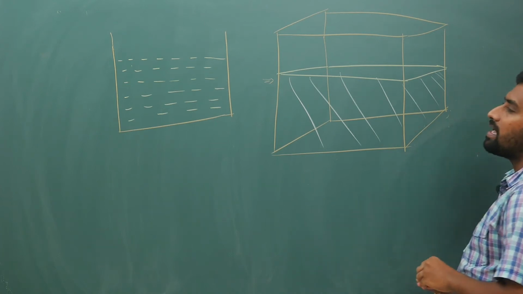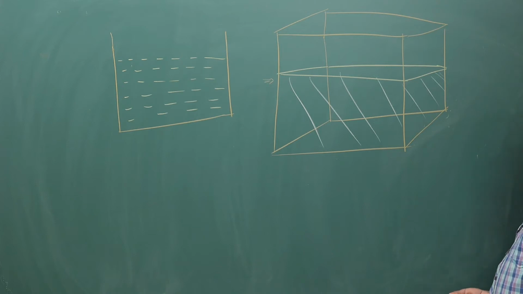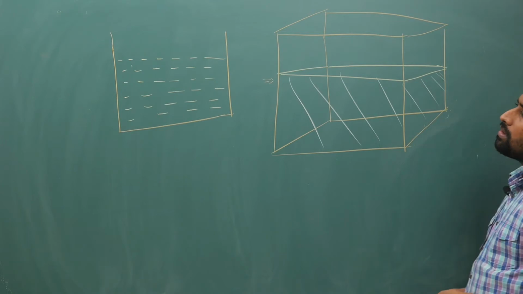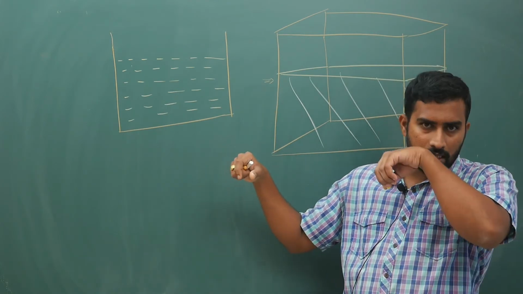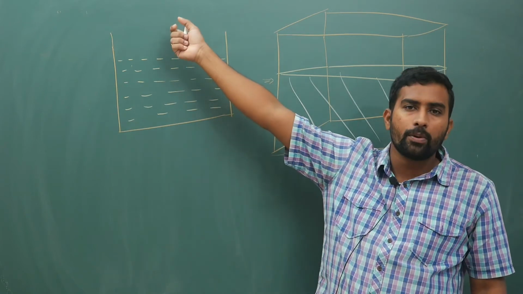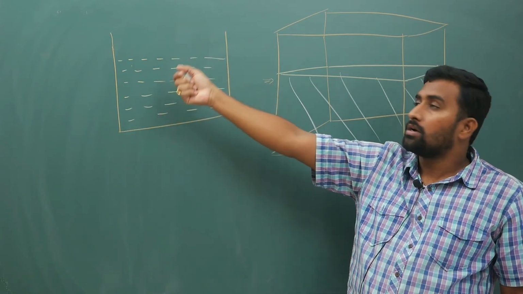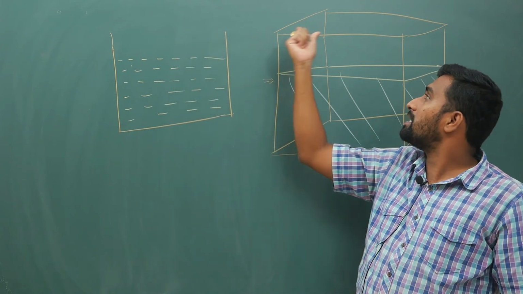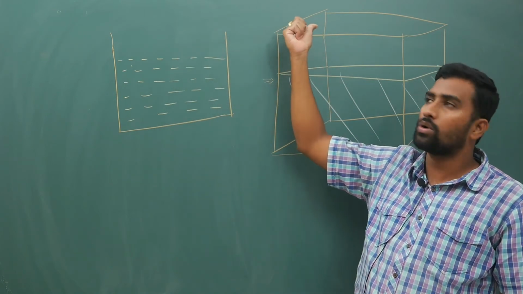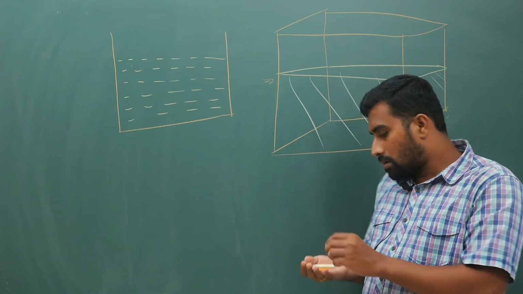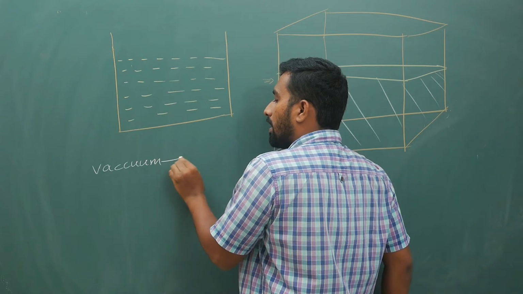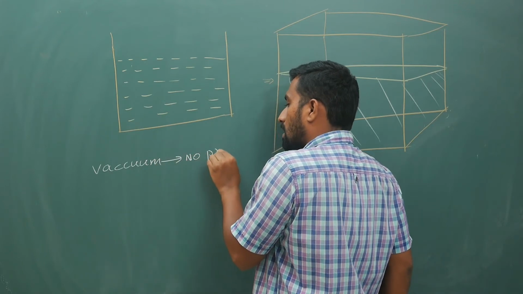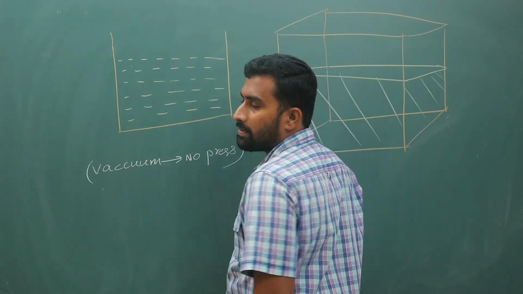Now if you take pressure, always remember there could be all possibilities. The top of this could be open, the top could be closed. Now if you have vacuum, then there is no pressure at all.